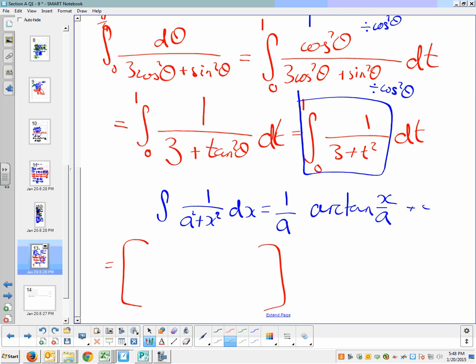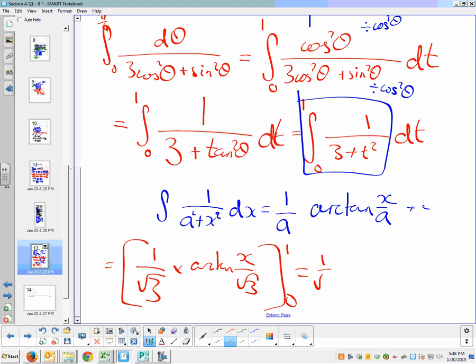We get 1 over root 3 times arctan x over root 3, evaluated from 0 to 1. That bit's going to be easy.